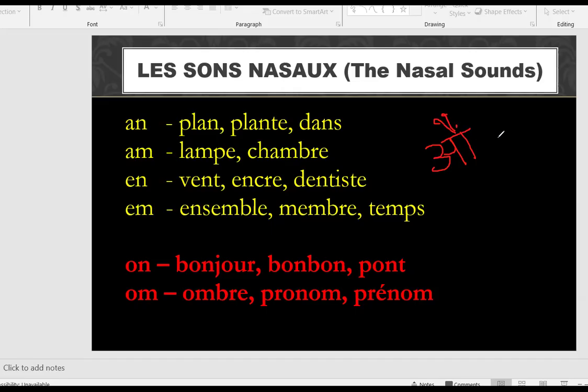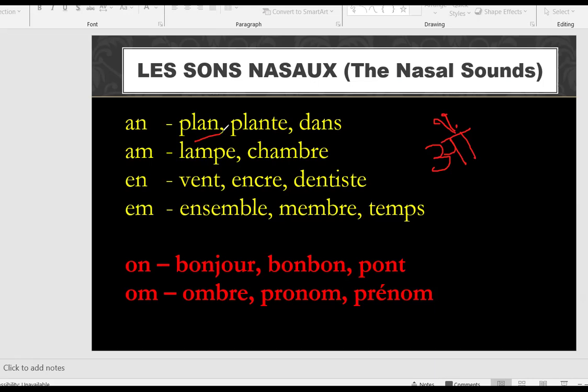So how do we read this? Lan. The next word: flan, where the T is silent.